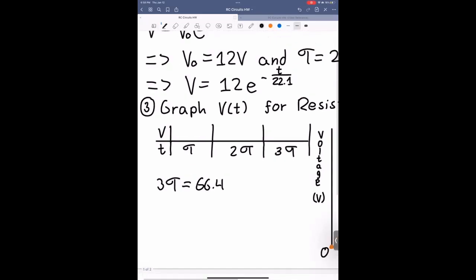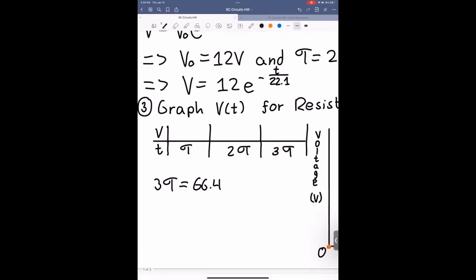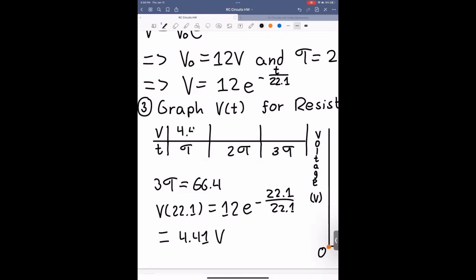So let's start plotting V when t equals tau, or 22.1 seconds, is 4.41 volts. Okay. Now for 2 tau, 2 times 22.1 is equal to 44.2.